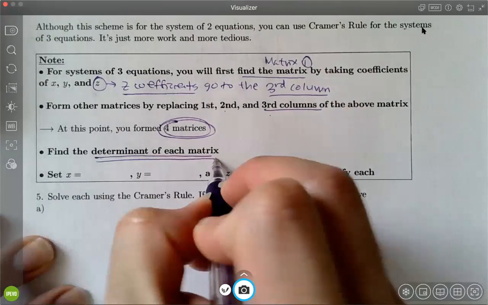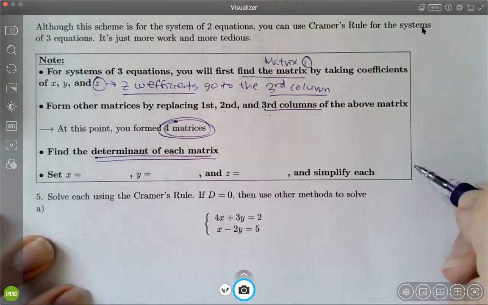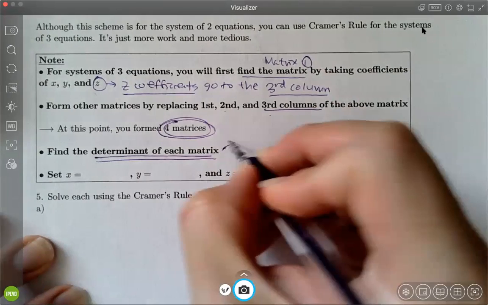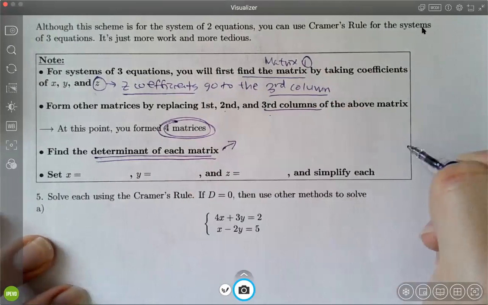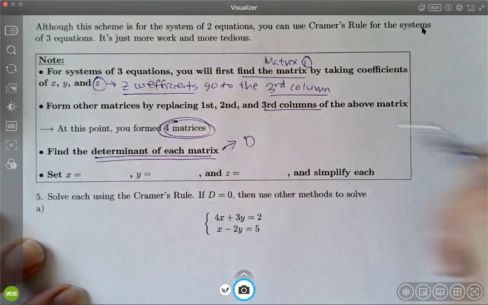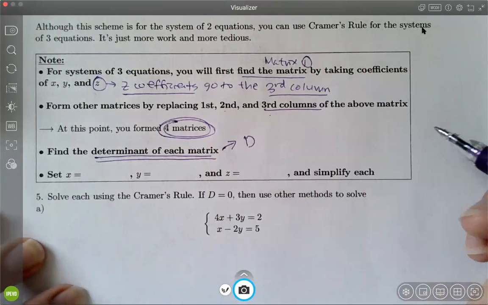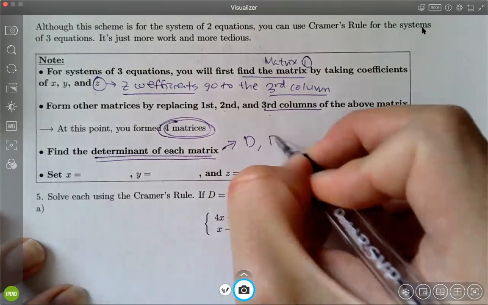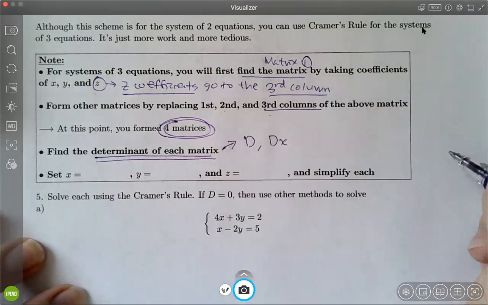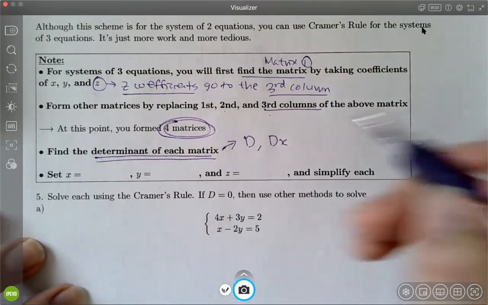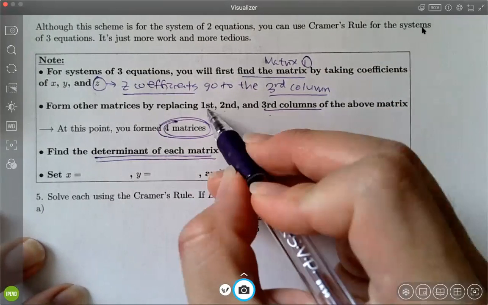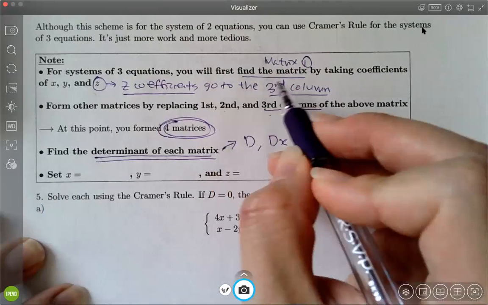Now, again, there is an extra notation for one of the determinants. So will we see the letter D? Oh yeah, it's the determinant of the mother matrix, matrix number 1. Now, will we have D sub x? Oh yeah, what does that mean? It's the determinant of that matrix, replacing the first column of this by what's on the right.